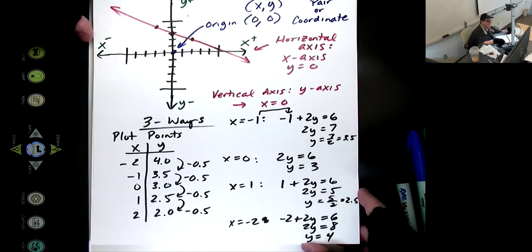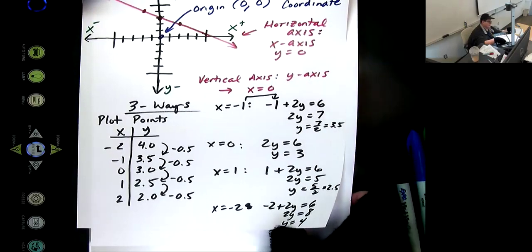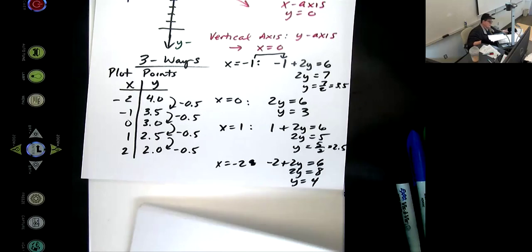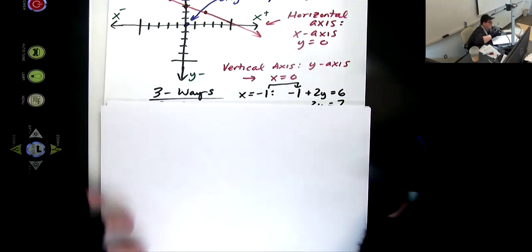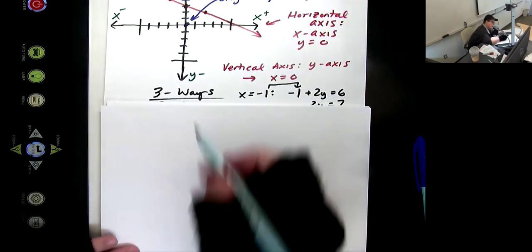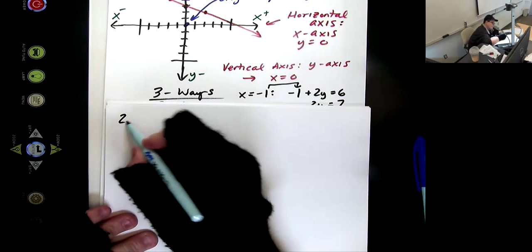Any questions? Let's look at the other ones real quick, other ways to do it. That's the third or first way, which takes no work, no effort whatsoever. Second way is slope intercept form.